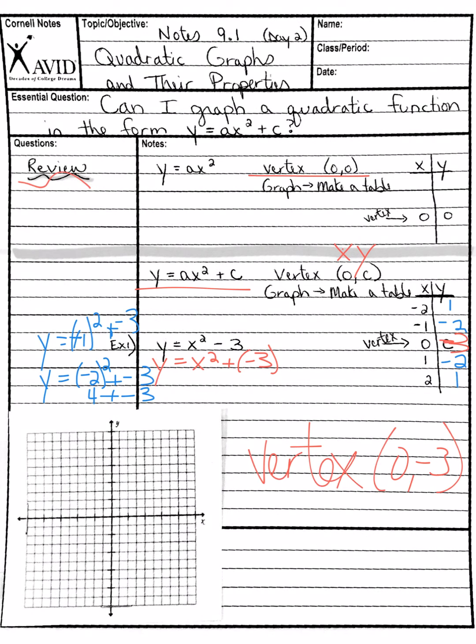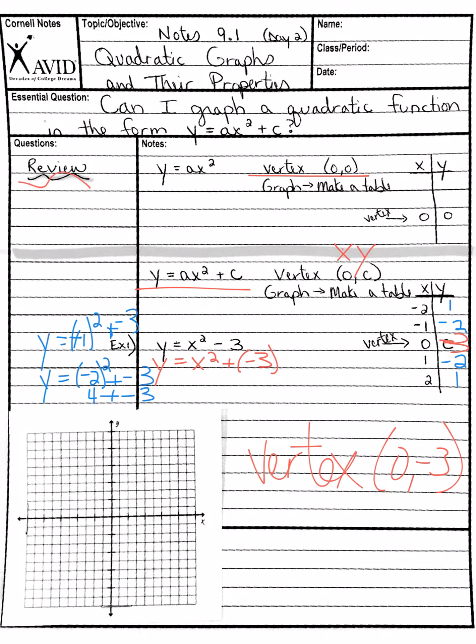And if we plug in a negative 2 for x, and a positive 2, because they're both 2 away from that vertex, they will be the same answers. Remember to evaluate using your order of operations. We do have to square our numbers before we can add or subtract.